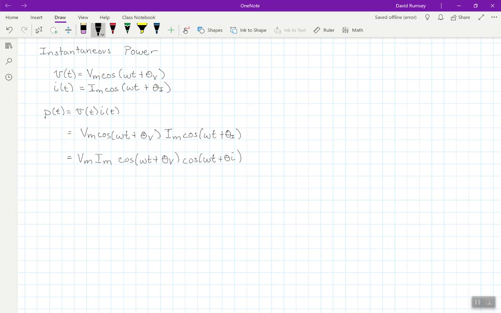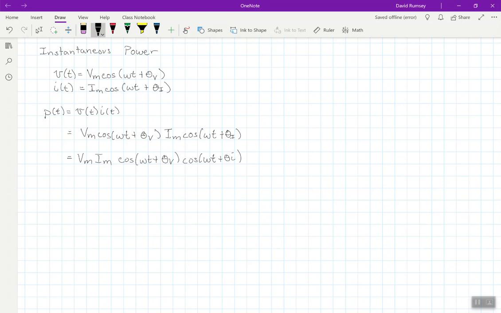Now, we do want to get a little bit more handle on this, but before I even do that, we should make a comment here that part of the reason we don't like dealing with instantaneous power is that depending on what time is, the power could actually be zero, because there's clearly going to be a value for t that I could put in to make this cosine zero, which then doesn't matter what any of these other terms are because you're multiplying by zero.